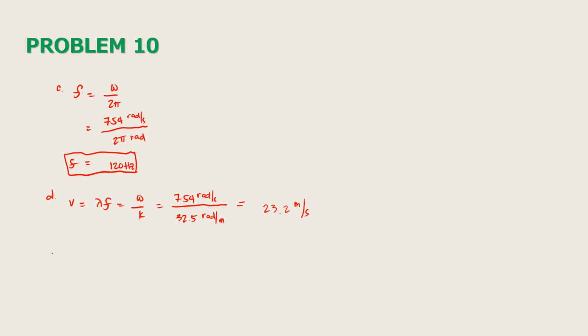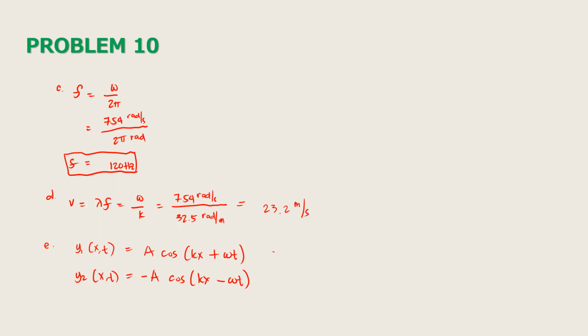And then for letter E, we are asked to find the individual wave functions of the incident and the reflected wave. So if the incident wave is y sub 1 equals A cosine (kx plus omega t), then the reflected wave is equal to negative A cosine (kx minus omega t).